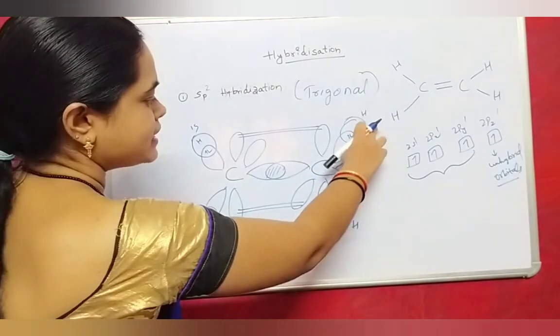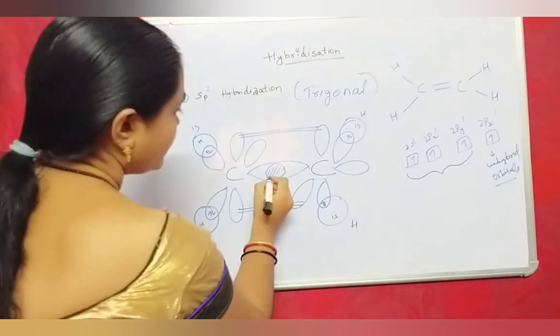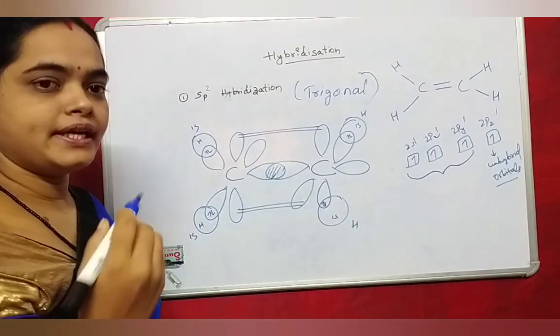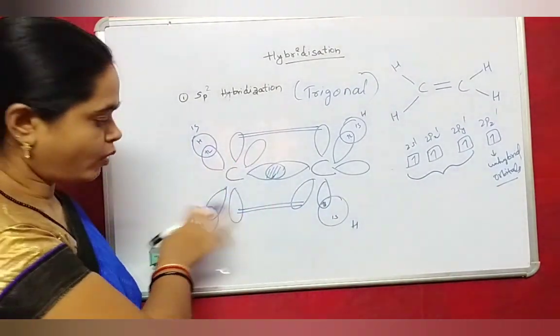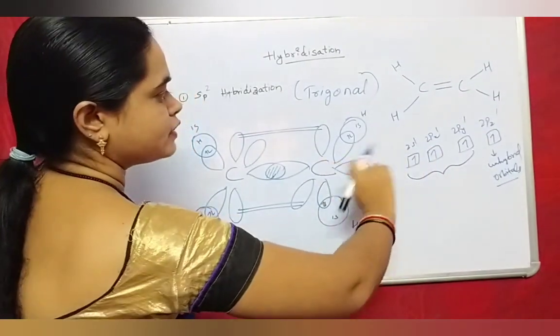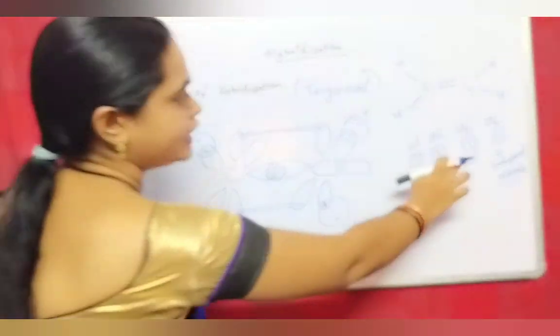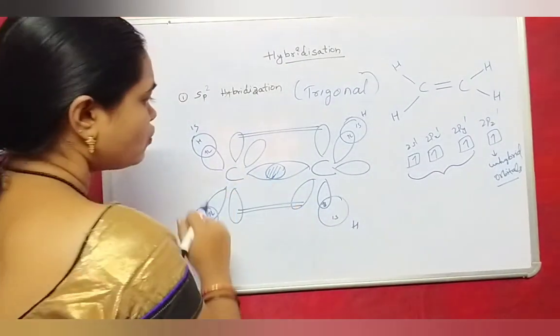This carbon also combines with hydrogens. The 2s and 2px participated in bonding with hydrogen, and the 2py orbitals of the two carbons overlap.